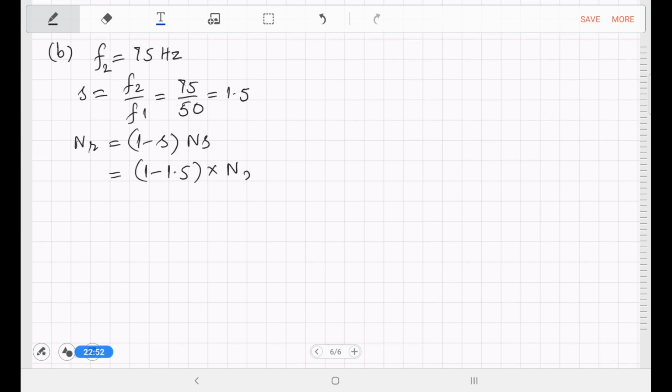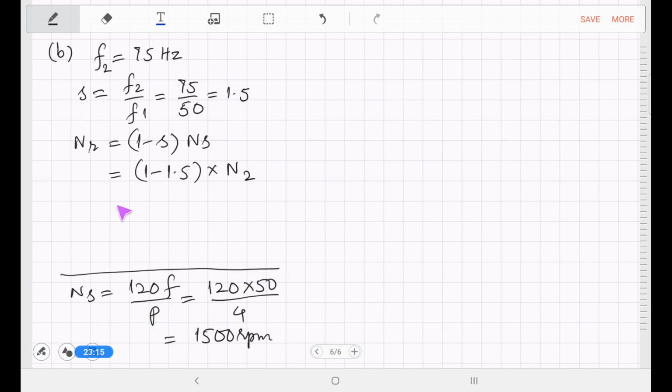We have not yet calculated it, so let's first calculate Ns also. Ns will be equal to 120 F by P, which is equal to 120 into 50 by 4, which we have already said is equal to 1500 RPM. So with this value of Ns, Nr will be equal to minus 0.5 into 1500, which is equal to minus 750 RPM.